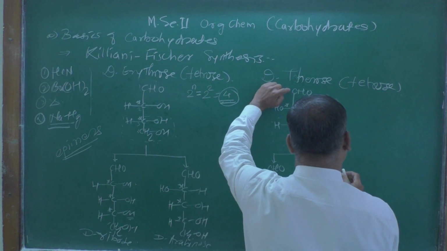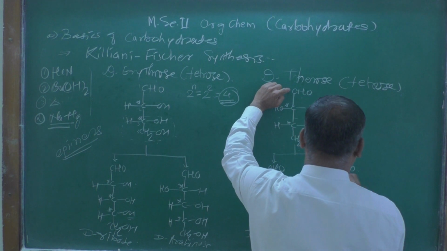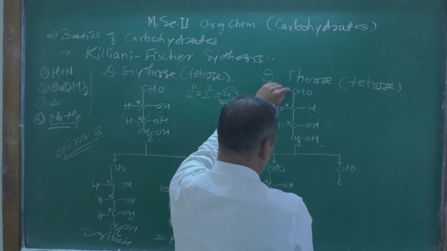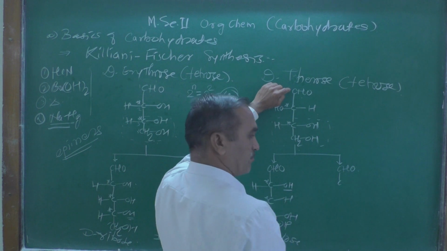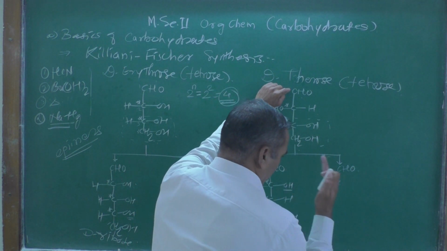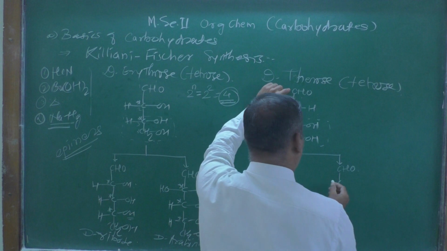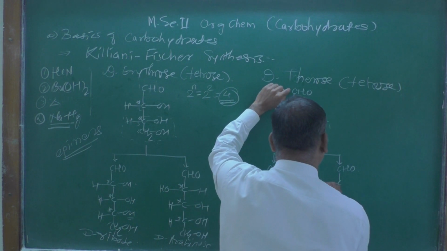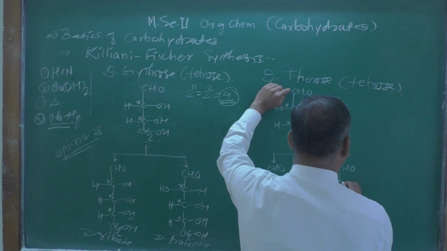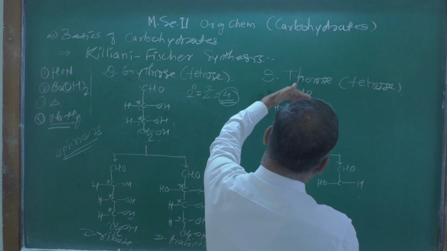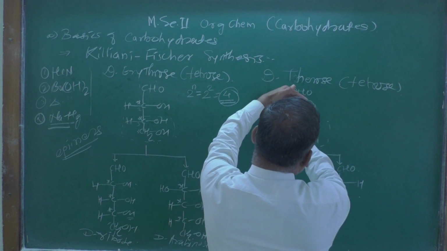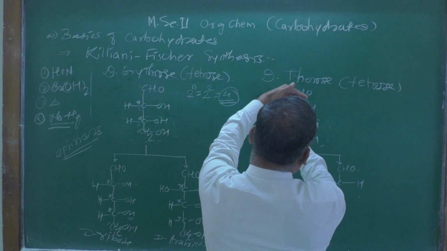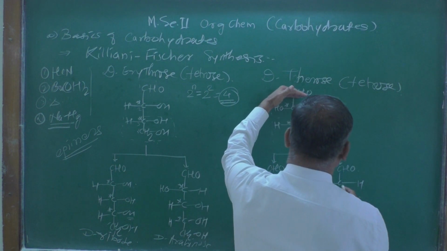Now here I am writing again CHO as it is, then C. Now in one case I am keeping the hydroxy group on the right hand side. Now I am going to put the hydroxy group on the left hand side, the hydrogen atom, and the rest of the part remains as it is.